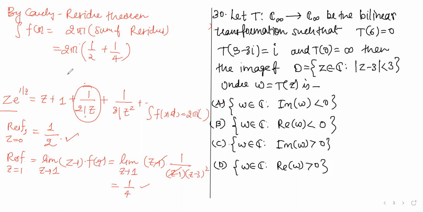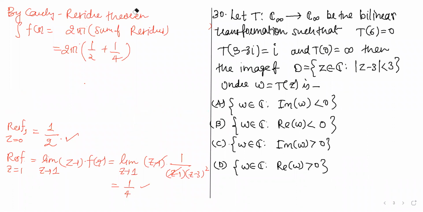Let me erase it first because I need to perform more operations in this problem, since they haven't made it simple. That gives me 2 pi i times 3 by 4, which is 3 pi i by 2.